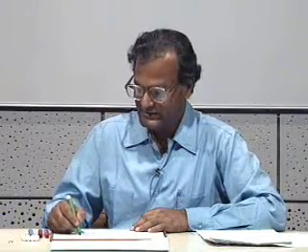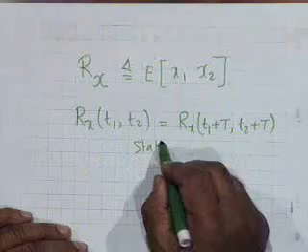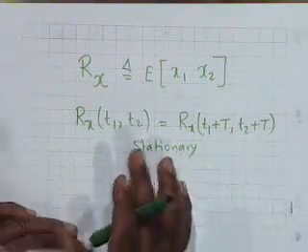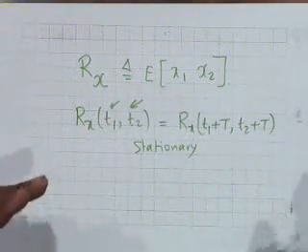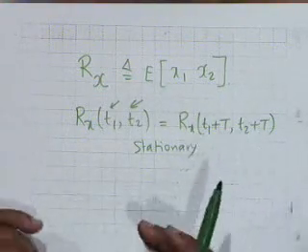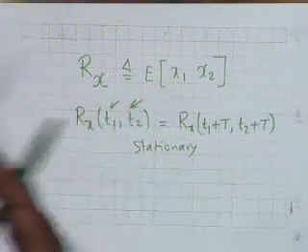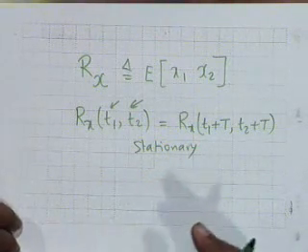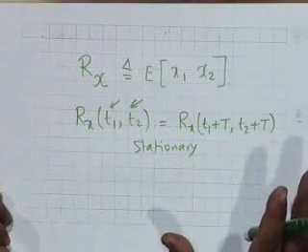The averages are independent of the time origin, and therefore if you increment t1 and t2 by the same amount, it should not matter. What does this mean? The same amount means you have shifted the time origin either to the left or to the right, depending on the sign of capital T. And ensemble averages are independent of the time origin, and therefore this should be the case.